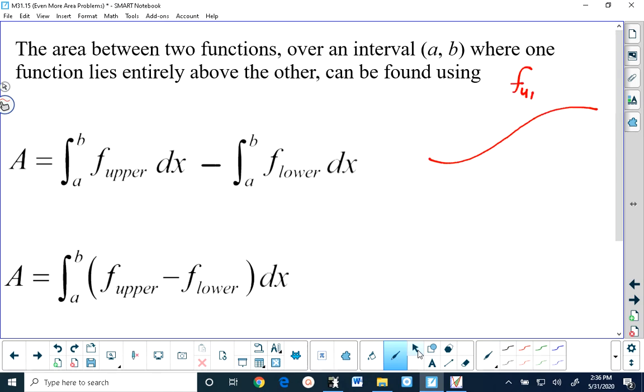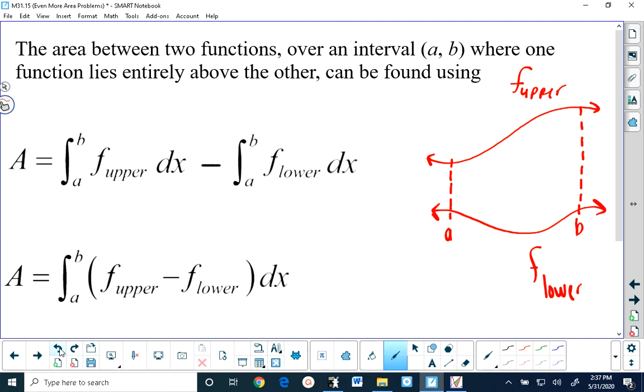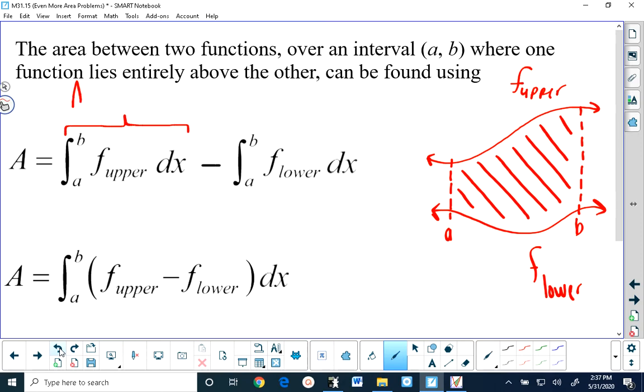All right, so what we learned from the first example is that whenever you have one function, which I'm going to call f sub upper, and a second function, which I'm going to call f sub lower, if you want to determine the area between those functions from x equals a to x equals b, we have discovered that that enclosed area can be found by either finding the area associated with the upper and subtracting from that area the area associated with the lower by evaluating two separate integrals, or what we can do is subtract the integrands first.